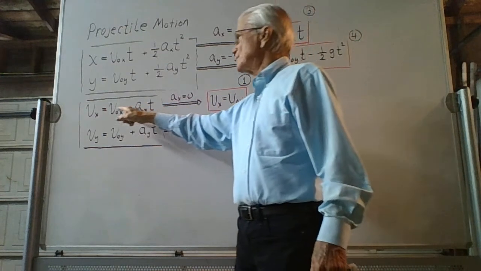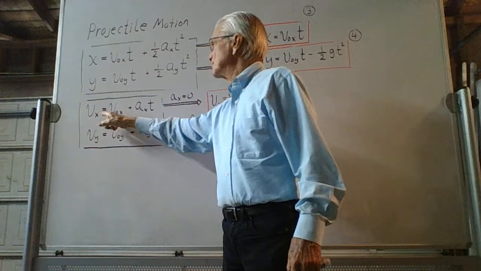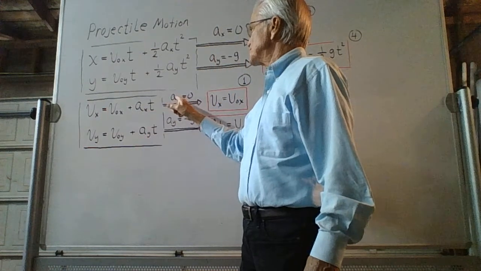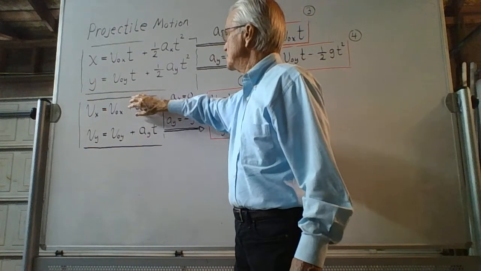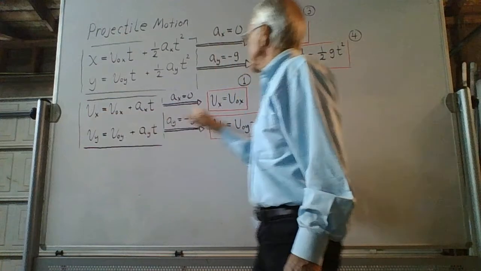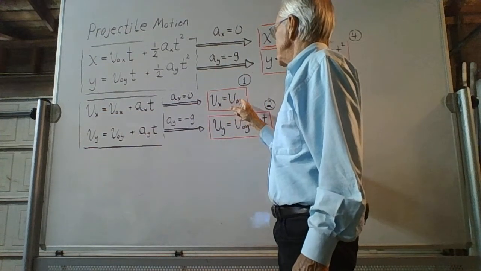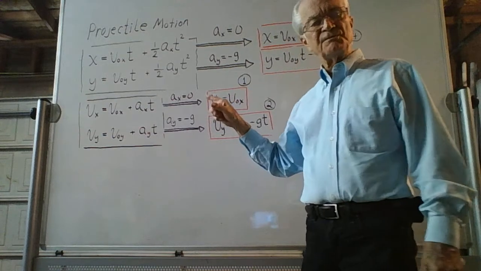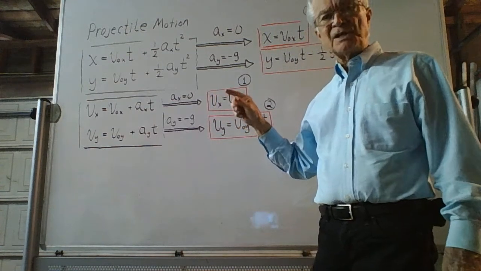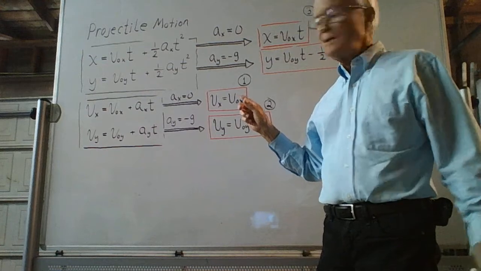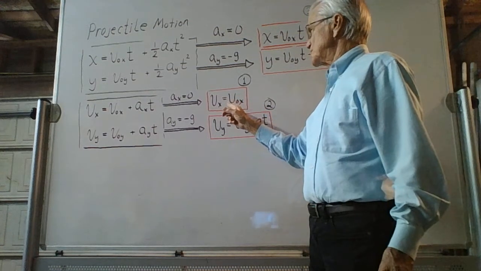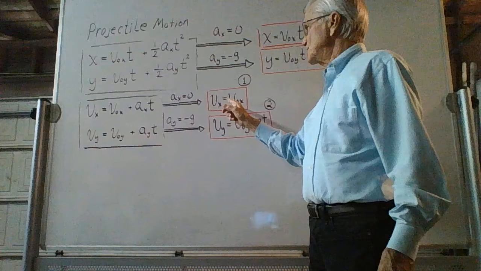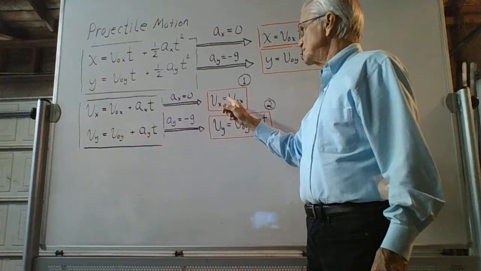The future x velocity equation, when a sub x is set equal to 0, we lose that term, and we see that v sub x is equal to the x component of the initial velocity. V sub x is the x component of the velocity at any future time. And so this equation asserts that the x component of the velocity of our object is a constant.